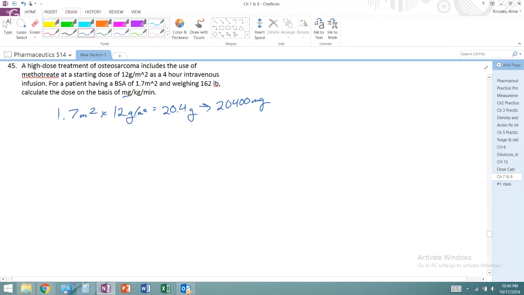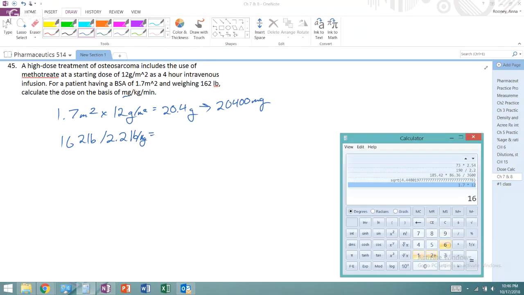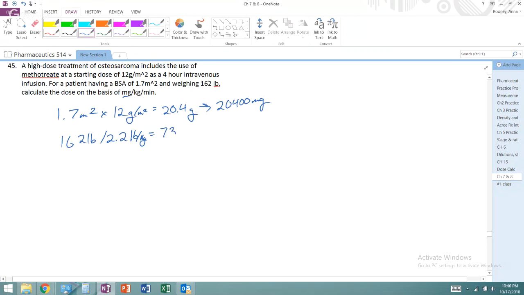And then 162 pounds, divide that by 2.2 pounds per kilogram to find 73.63 kilograms.